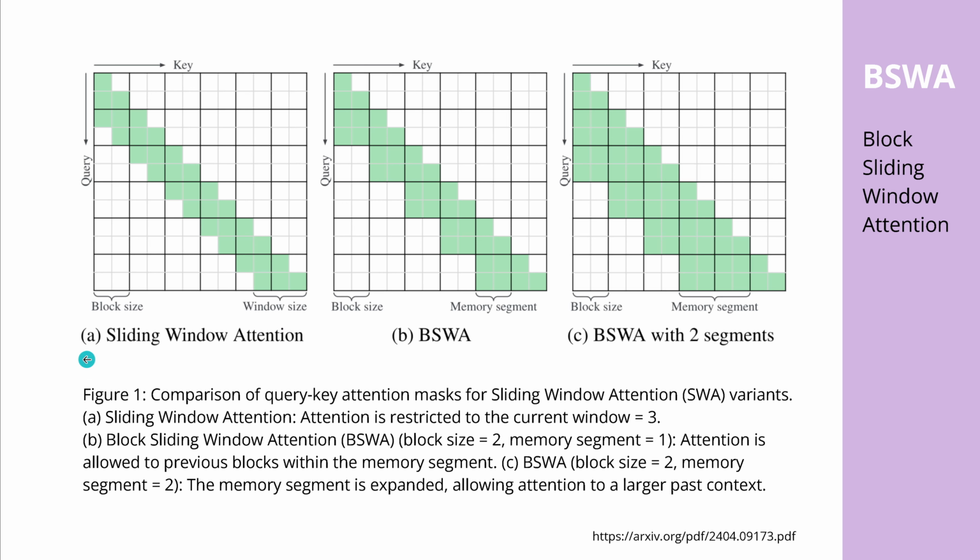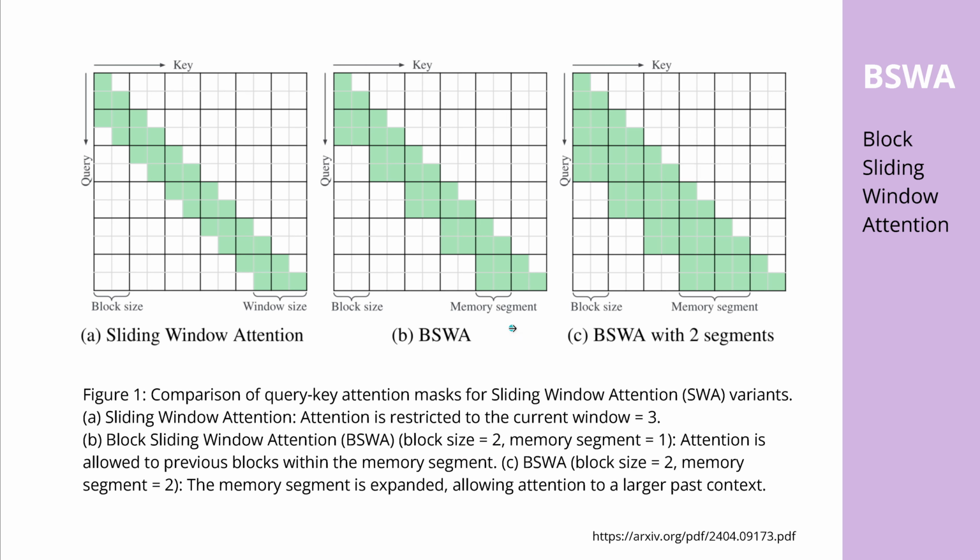And here in A, we have the attention is restricted to the current window of 3 elements. So we have here 1, 2, 3. Always 1, 2, 3 elements. Beautiful. Then now in our new block sliding window attention, I will give you the formula in a second. We have now a block size of 2, as you can see here, 1, 2 block size, and a memory segment.